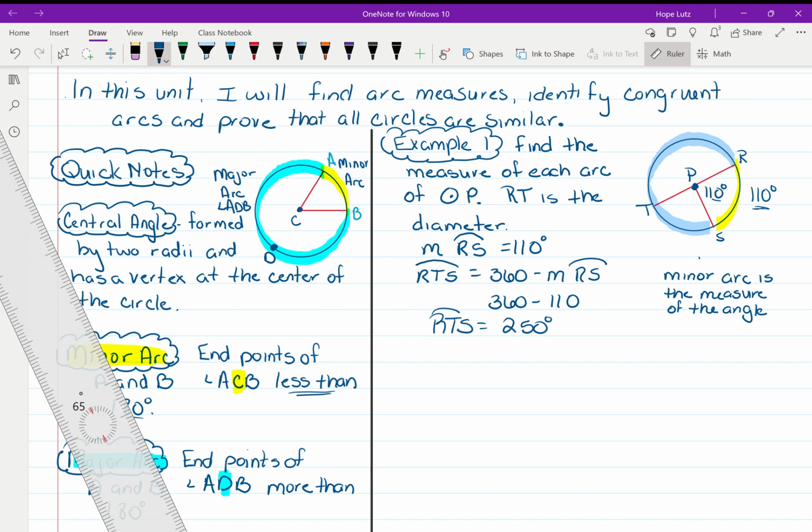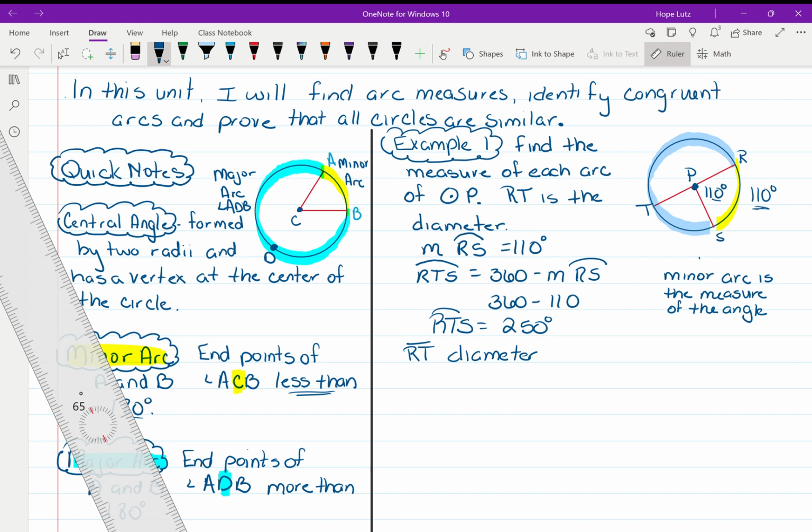Now, the last one that we are going to look at is RT, our diameter. And what do we know about our diameter?